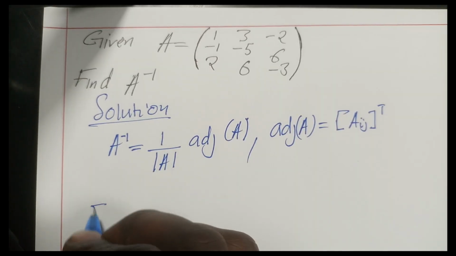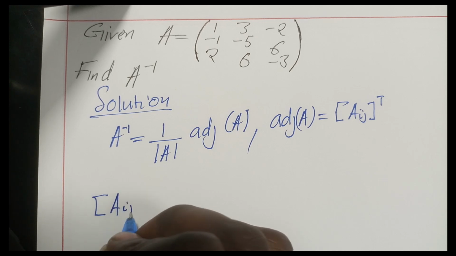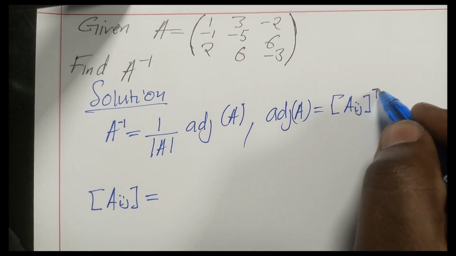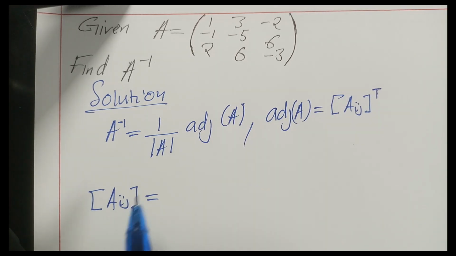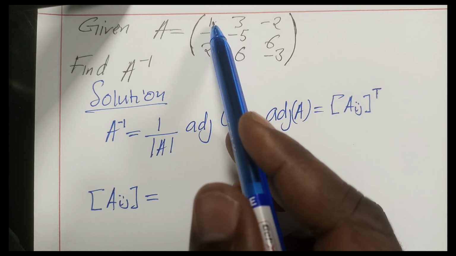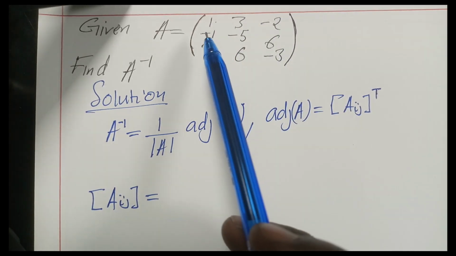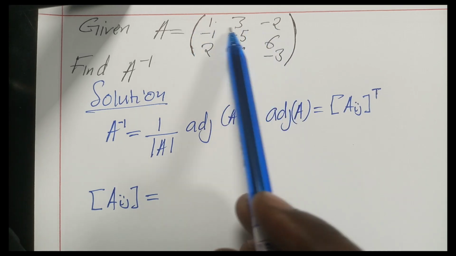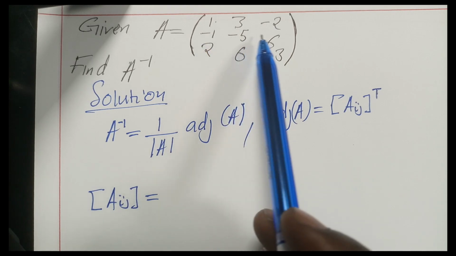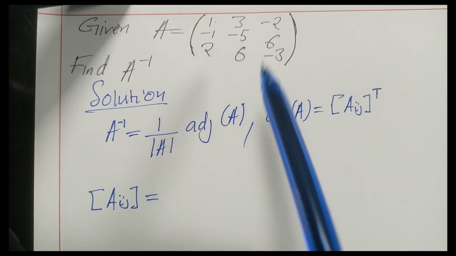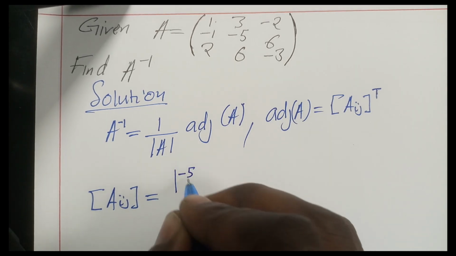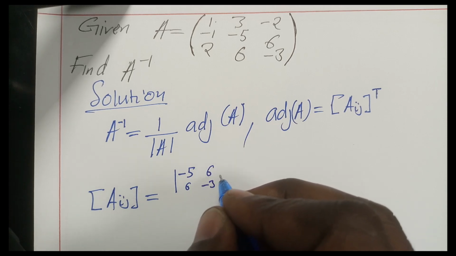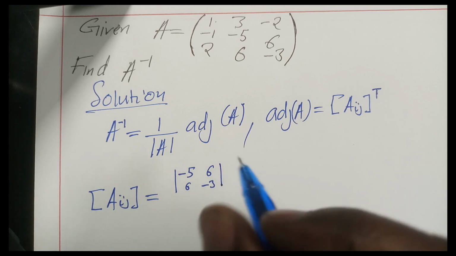So the matrix of cofactors, this is not a transpose, will be given by, for the first element, the minor when you delete this row and that column. You remain with minus 5 and 6, 6 and minus 3, for the first element.